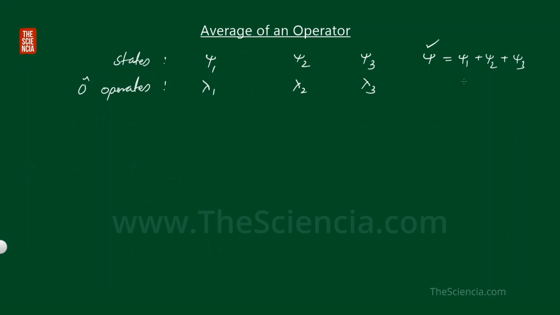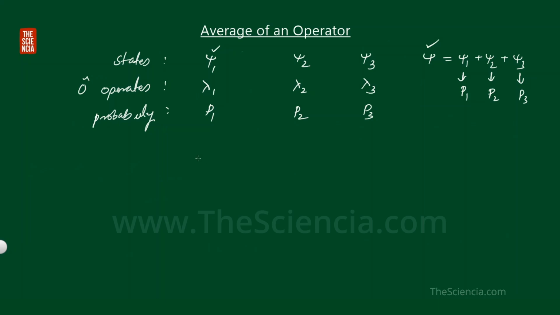So there is a probability of finding the particle in the state psi 1, denoted by P1, the probability of finding the particle in the state psi 2 is P2, and P3. Probability of finding the particle in state psi 1 is P1, psi 2 is P2 and psi 3 is P3.